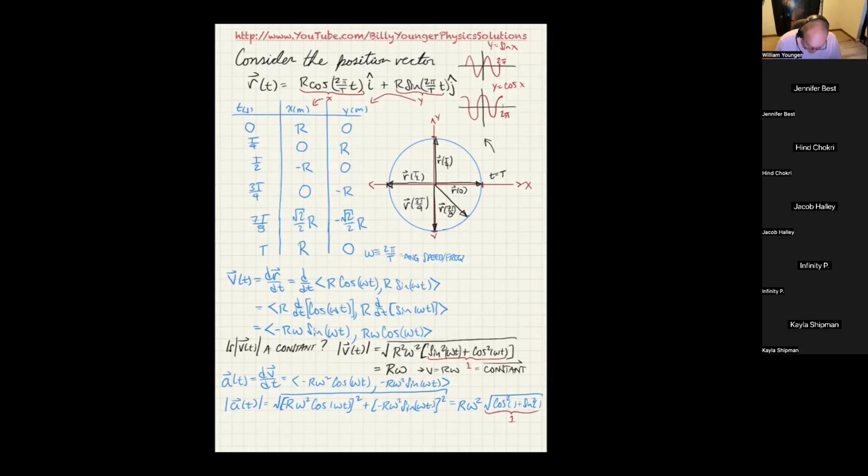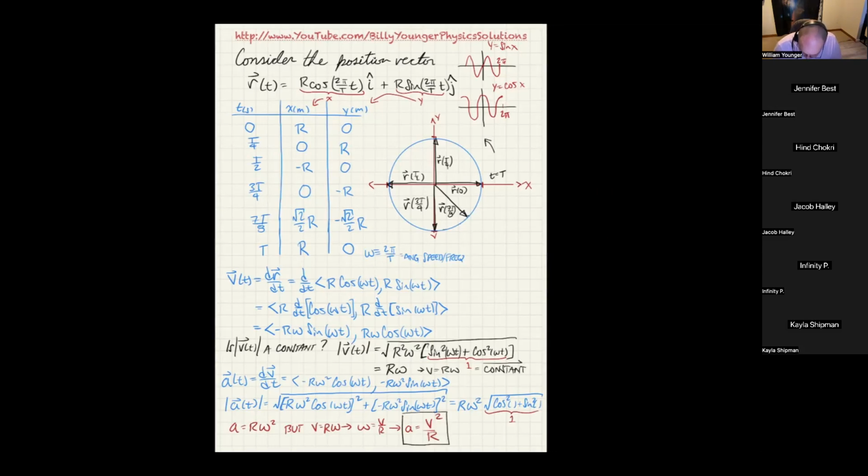But v equals r omega implies omega is equal to v over r. So a is actually going to be equal to v squared over r. And that's the big derivation I was trying to do.